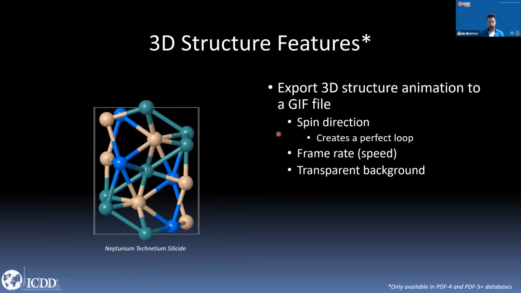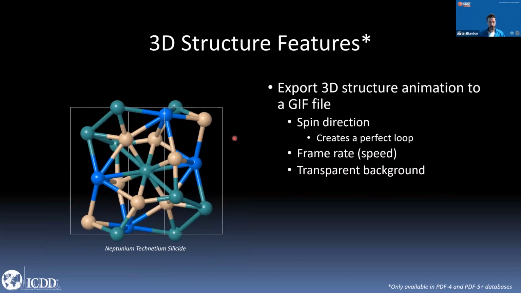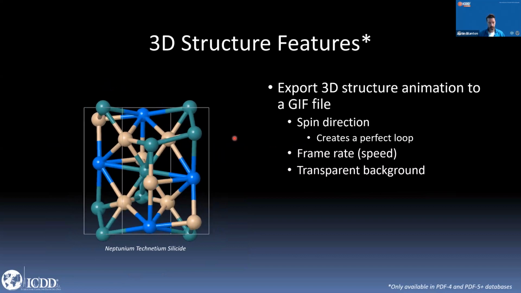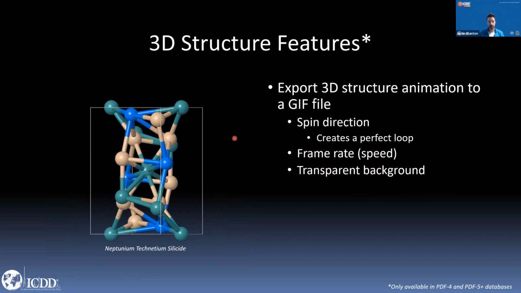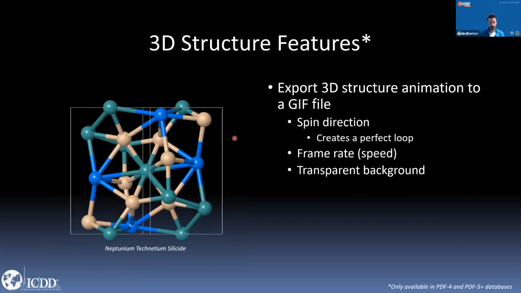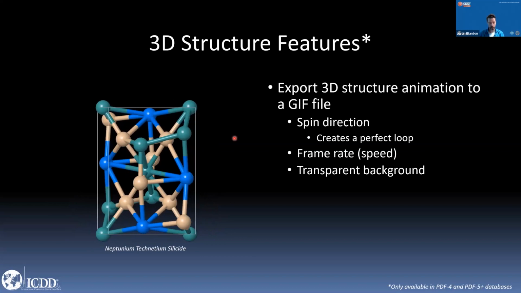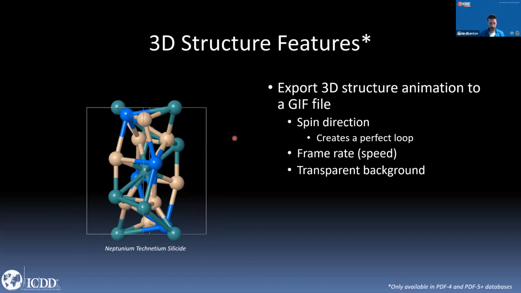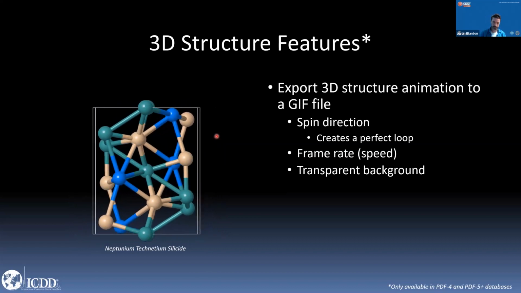So if you look at the 3D structure on the left-hand side, this is actually an animated GIF that was exported from the PDF5 Plus database. And I set the spin direction to spin to the right. And this actually will create a perfect loop. So when you create an animated GIF with a perfect loop, it's essentially going to spin endlessly. So it gives you this nice endless spinning animation right here.